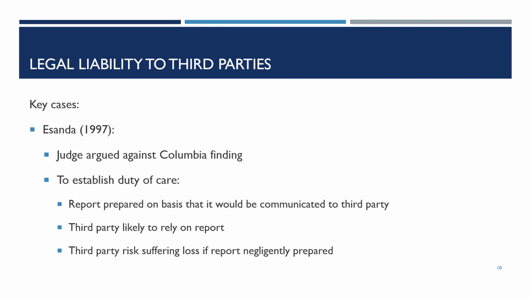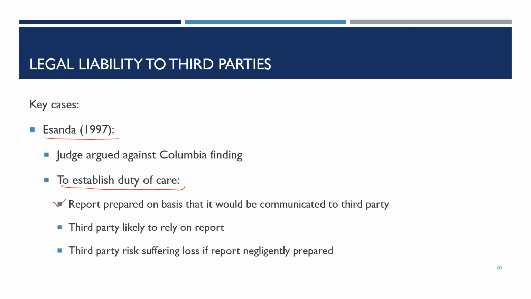The next case is Esanda. The judge in this case argued against the Columbia finding. The court found in favor of the auditor and ruled that for a third party to be able to establish that an auditor owes them a duty of care, they would need to establish three things. First, the report was prepared on the basis that it would be communicated to a third party.